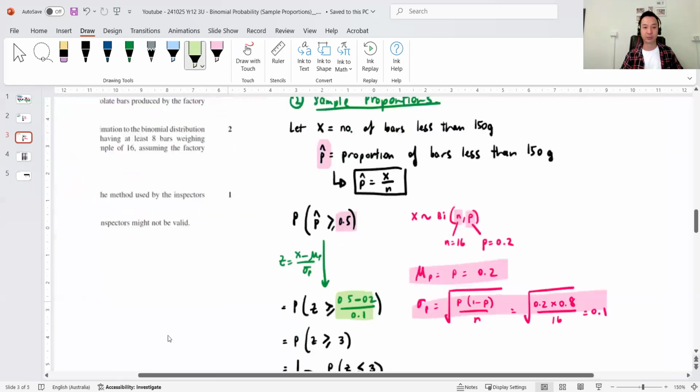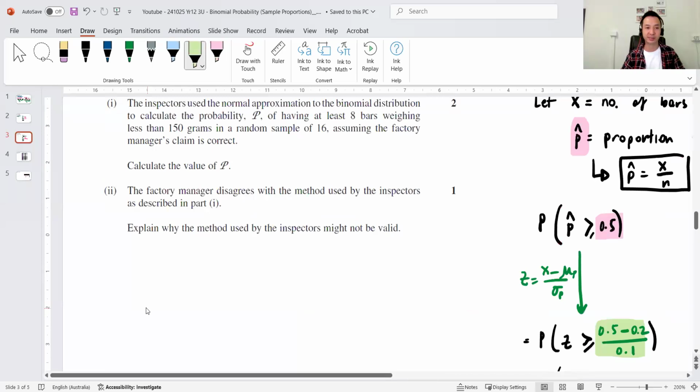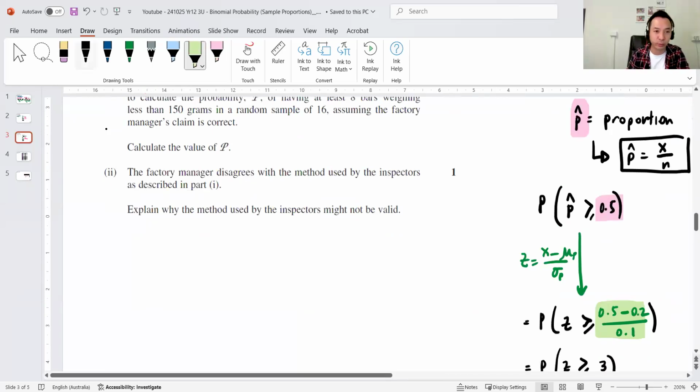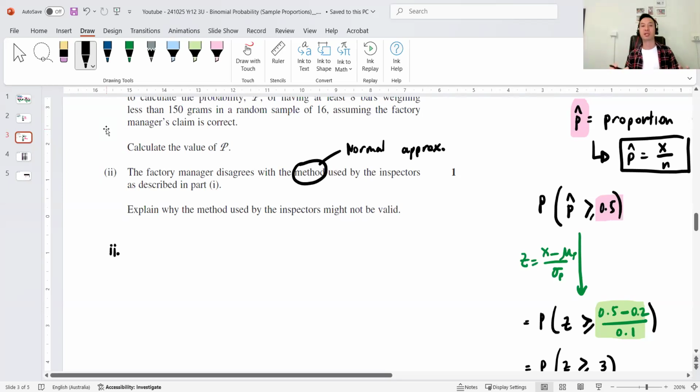Now, very quickly, just for completeness, let's finish up the question, part 2. The factory manager disagrees with the method used, which in this case is the normal approximation described in part 1. Explain why the method might not be valid. Now, when is a normal approximation inappropriate?